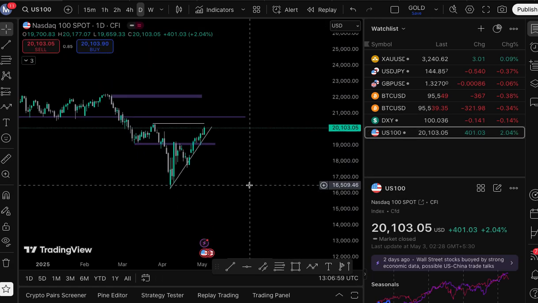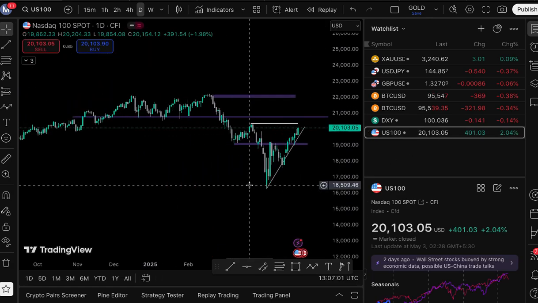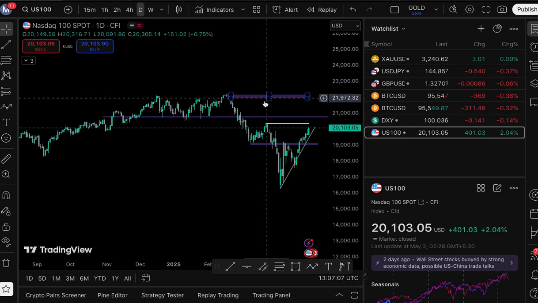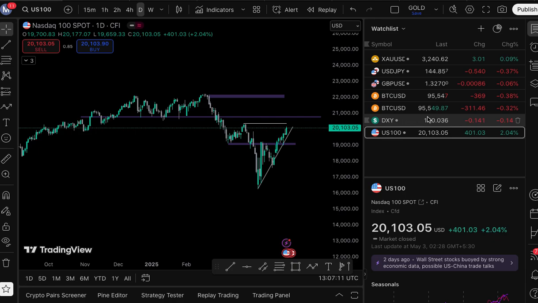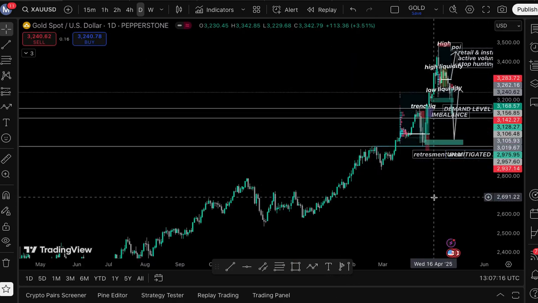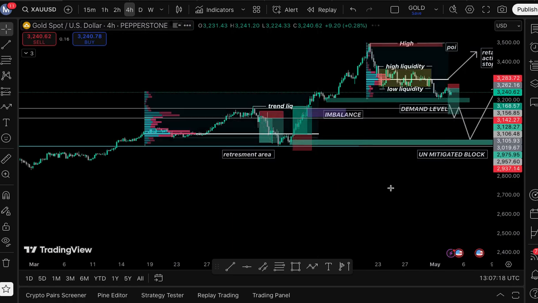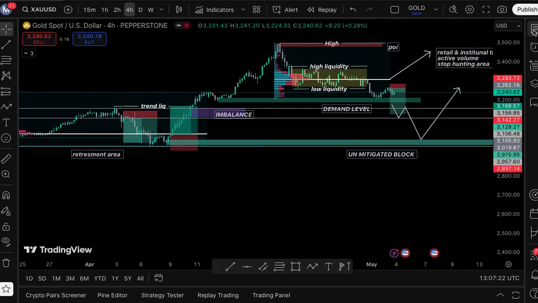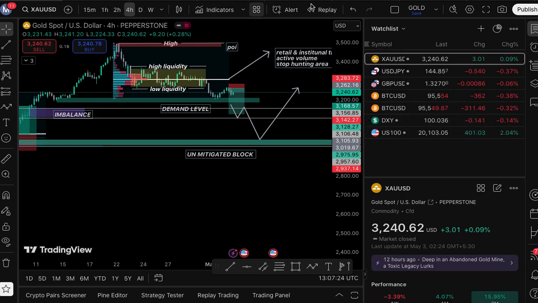Nasdaq is right now bullish, and it's not coming to the bearish side, and it went to 22,250. This is one of the highest points of this asset, Nasdaq.